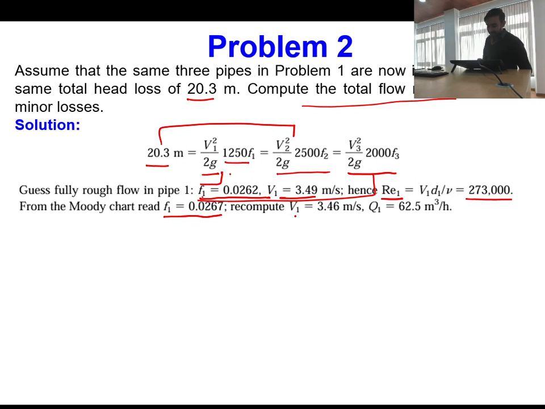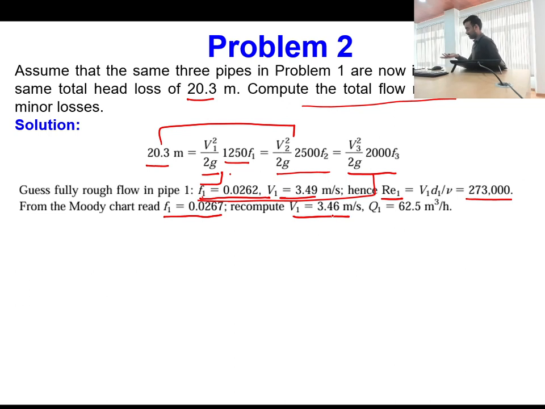Now corresponding to the new friction factor, I can again compute the velocity, which comes out to be 3.46 meters per second. So when we went from this iteration to the next iteration, we found that our solution has converged. If our solution had not converged, then once again I would have to calculate the Reynolds number, then again friction factor, again velocity.